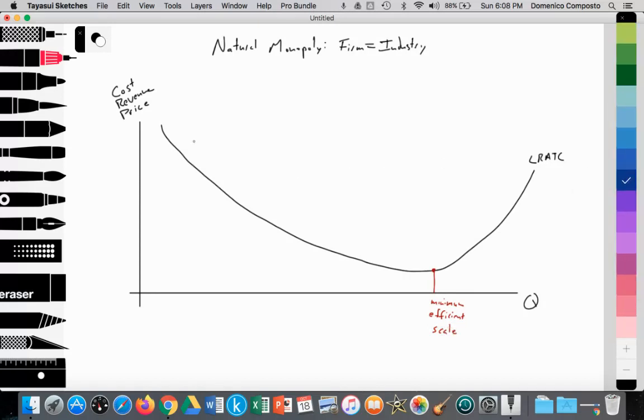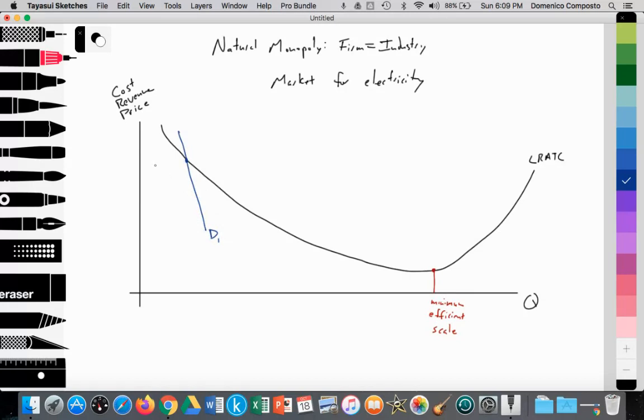Initially, the firm, let's choose a market. Let's say we're looking at the market for electricity. In this market for electricity, we have one dominant firm that has entered and is supplying electricity to meet the demand at D1.